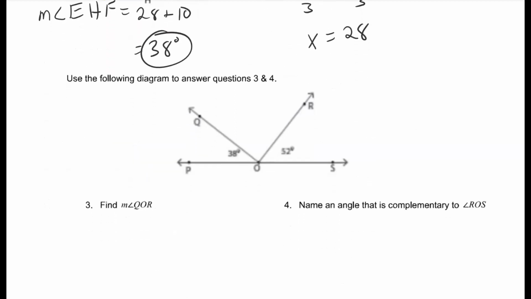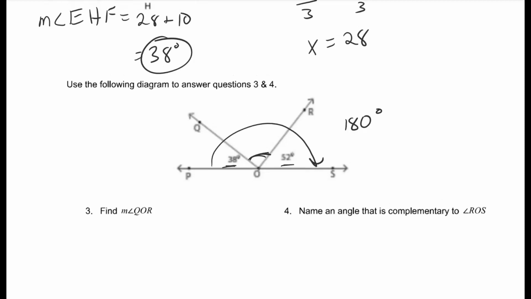For number 3 and 4, find the measure of angle QOR. I know it's a little blurry, but that's the angle right there. I notice that all three of these angles that I see here should sum to 180 degrees, and I already have two of them, so I'm just going to subtract from 180 to find them. So I'm going to take 180, because that's the straight angle I see there, and subtract from it both 38 and 52.